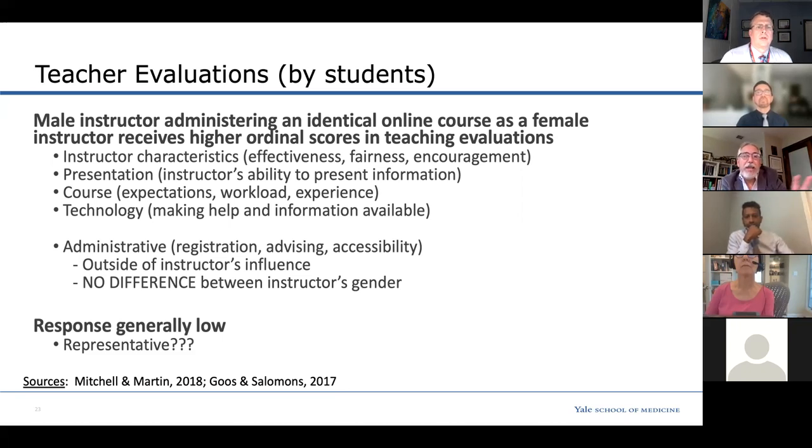What they found was that in the administrative area, there was no difference between male and female instructors. But then again, those instructors had no influence on this. It's the administrative getting into the course. However, for all 4 other characteristics, male instructors had higher ordinal scores than the female instructors. It's the exact same course. They taught it the exact same way; they went over it to make sure they did that.